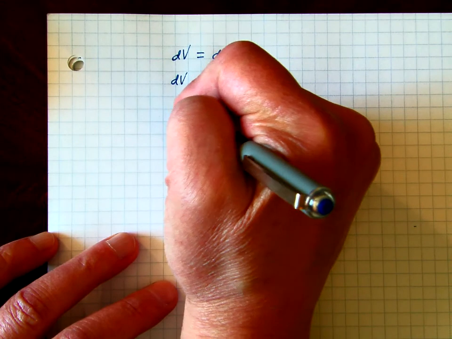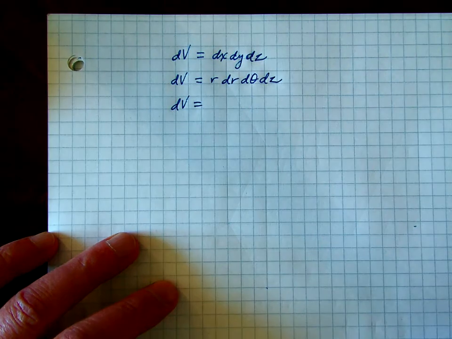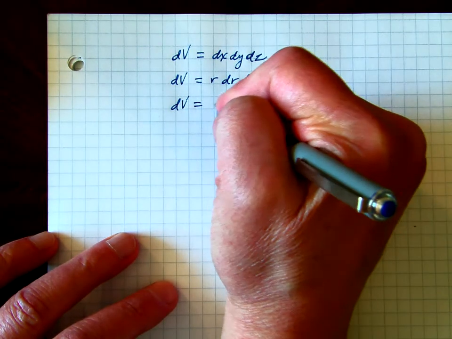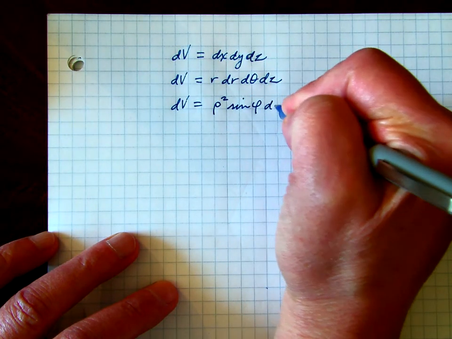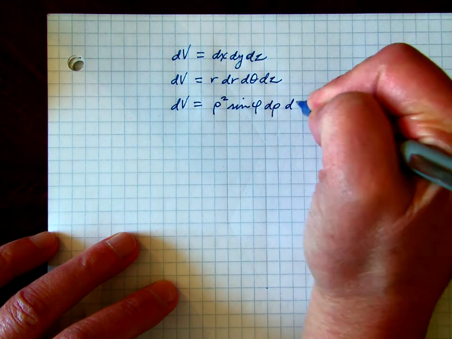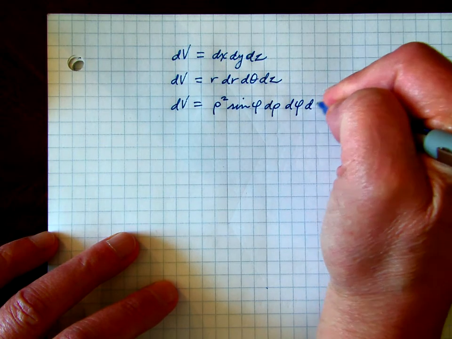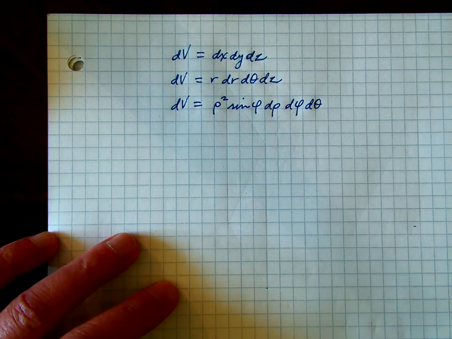And here's the one that is not very intuitive: rho squared sine phi, d rho, d phi, d theta, or some order.